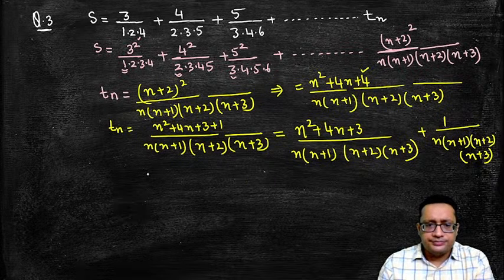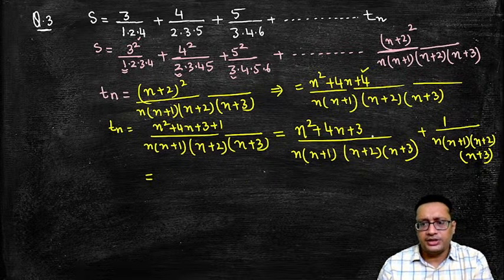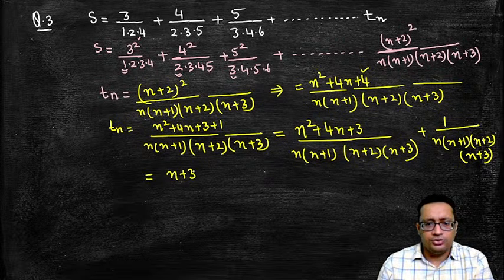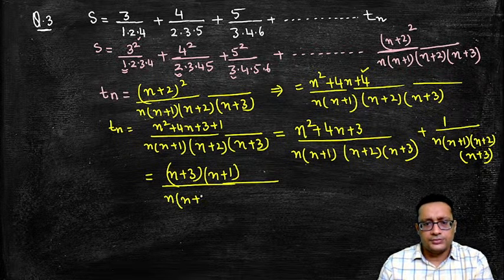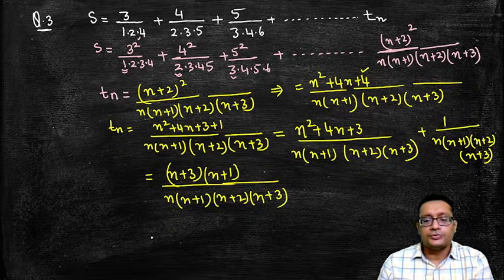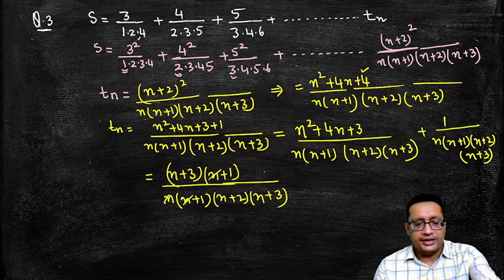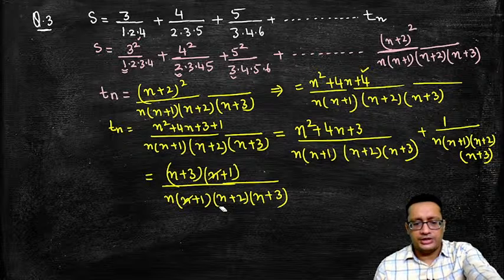Now see what you can write here. This becomes (n+3)(n+1) divided by n(n+1)(n+2)(n+3). So these two terms will get cancelled: n plus 3 and n plus 1 will get cancelled.